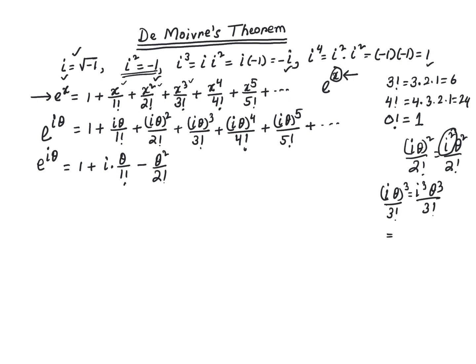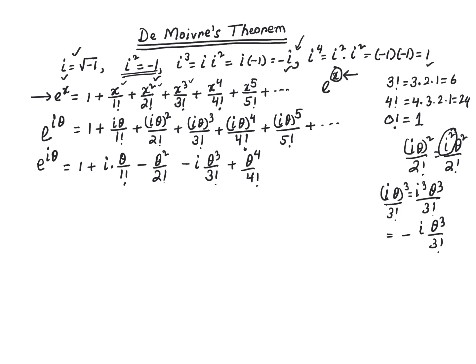So, i cubed is negative i, as I just showed you here. So it's going to be negative i times theta cubed over 3 factorial. And i to the power 4 is 1, so it's going to be plus theta to the power 4 over 4 factorial.